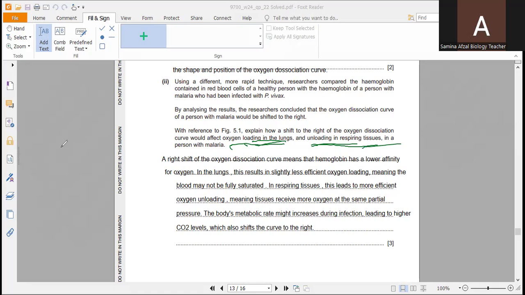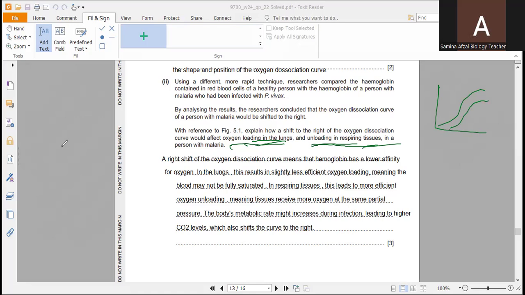Now you can see the written answer which I have written for you. A right shift of the oxygen dissociation curve means that hemoglobin has a lower affinity for oxygen. If this dissociation curve is shifted to the right, it means the oxygen saturation has been decreased, due to which it is shifted to the right.